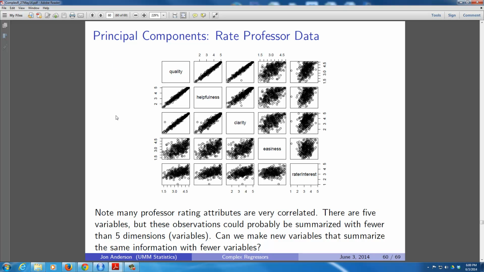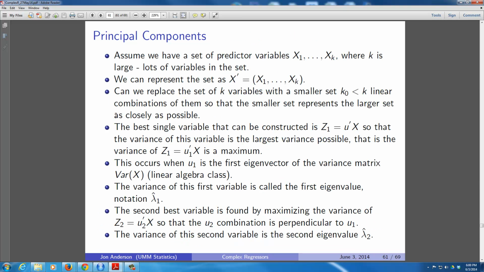And we do that through a technique called principal components analysis. So here's the situation. We have a large predictor set with k predictors, and k is a big number, and we'll represent that predictor set with the matrix X transpose with all those predictors in there. And the issue is, can we replace a k variable set with a smaller set with k naught less than k?